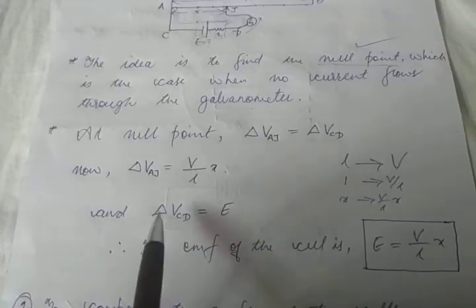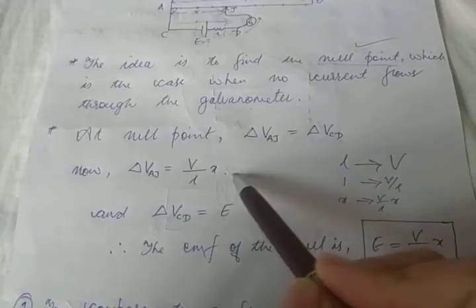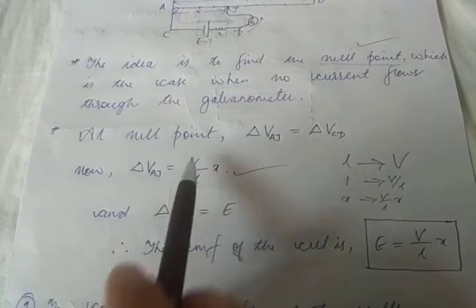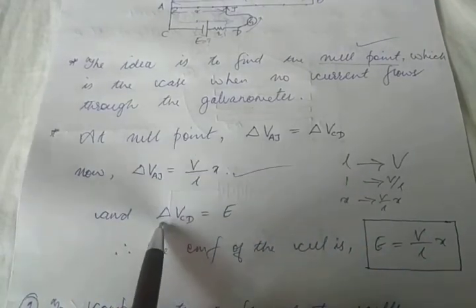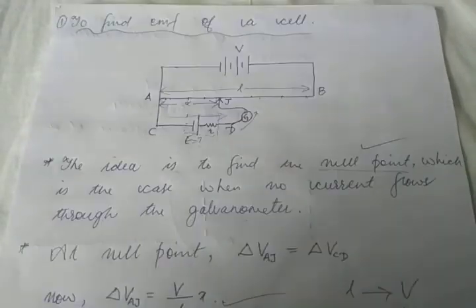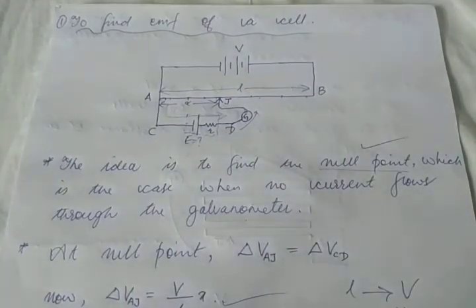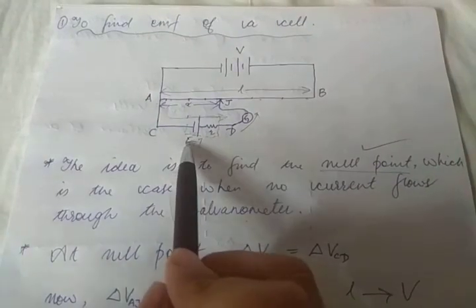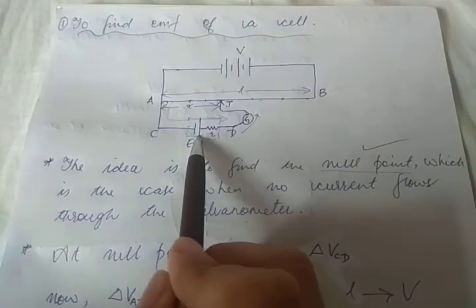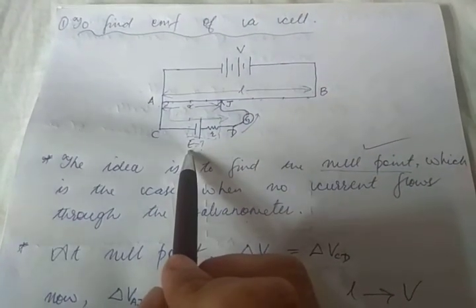This is what you need to understand. Potential difference across AJ is V upon L into X, and now what is the potential difference across CD? The EMF of this cell is E, which is to be calculated.